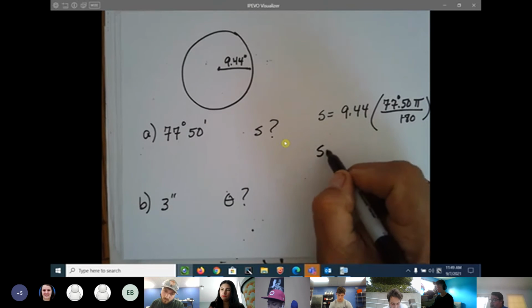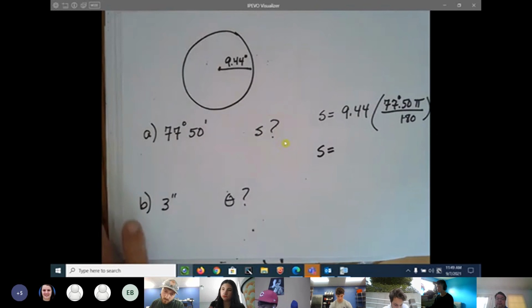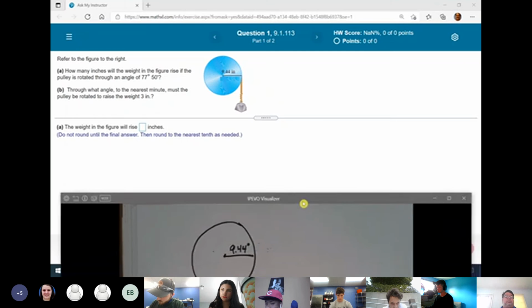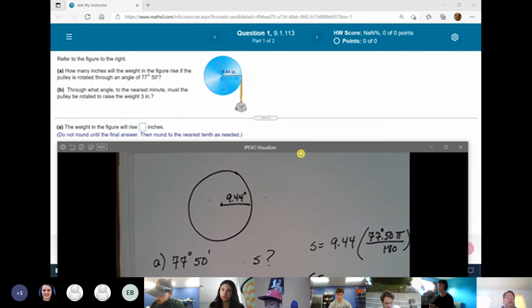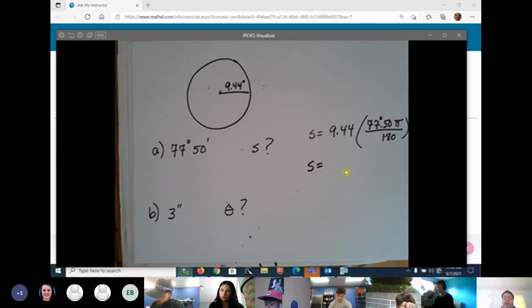So S is going to be equal to whatever that comes out to be. I don't know what they want. What did they say they wanted? Okay, round to the nearest tenth.